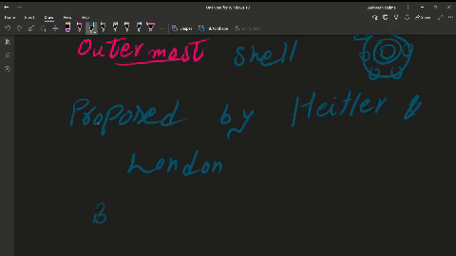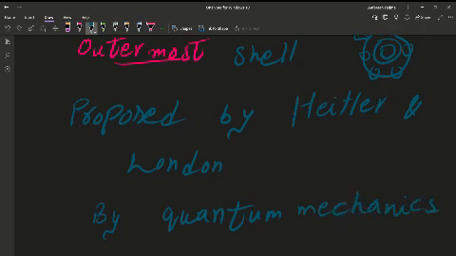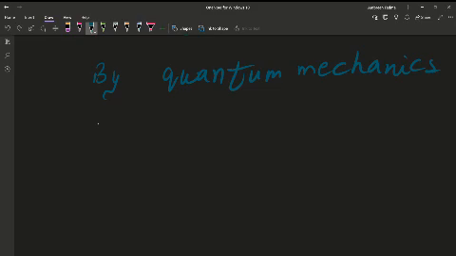By using quantum mechanics. And this is also a type of quantum theory, right? And what is the meaning of quantum? Quantum means energy packets. Energy packets, you can say the energy shells, energy levels, right? Which are also called orbits, right?